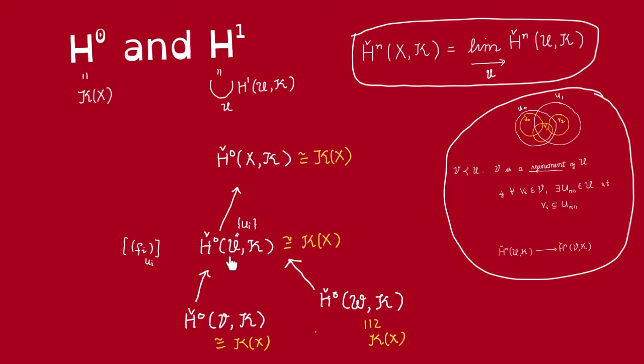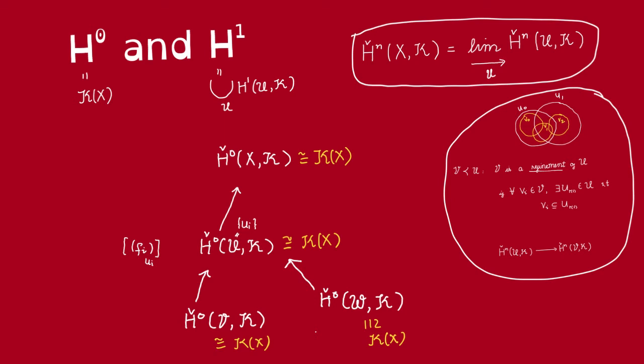So what are the elements in this group? Well, these are zero cocycles. Zero cocycles are first of all zero cochains. So if we let this cover U consist of open sets U_i, they are just a tuple. For every U_i, we take a section f_i of K over U_i, right? And so that's what it means for it to be a zero cochain. What does it mean for this to be a zero cocycle?